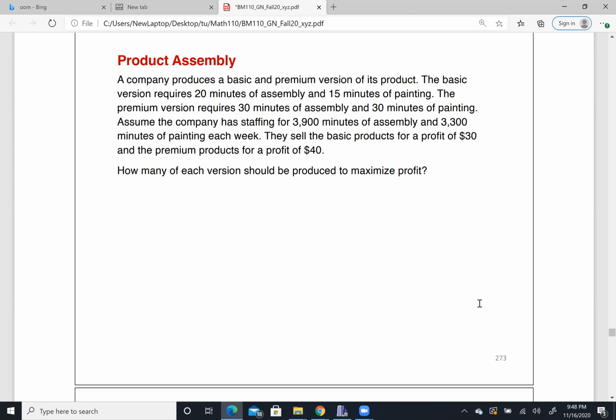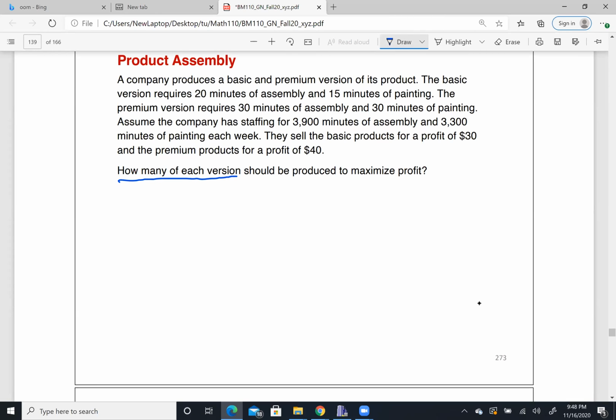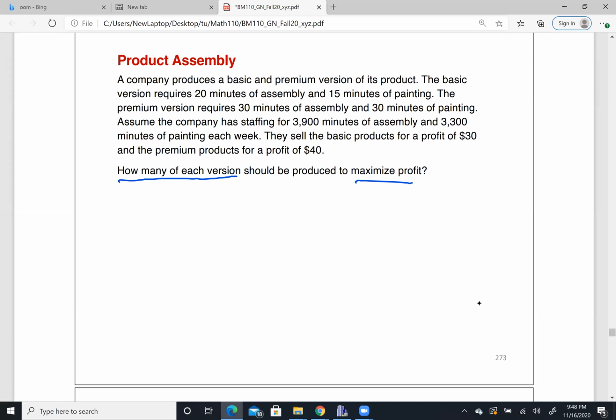So the question in here is how many of each version should be produced to maximize, and we want to maximize the profit, right? So we need to know what the versions are in here. We have the basic version and we have the premium version.